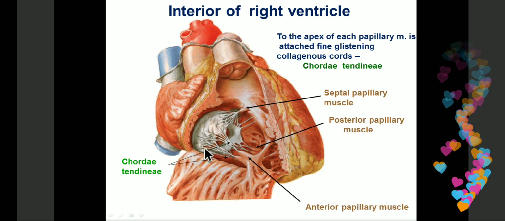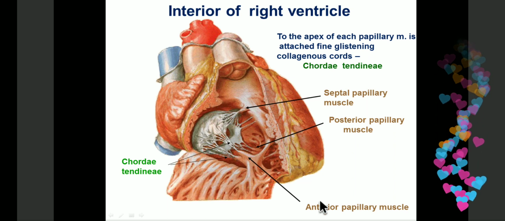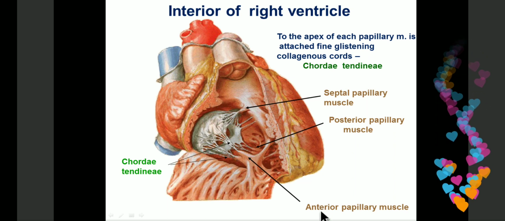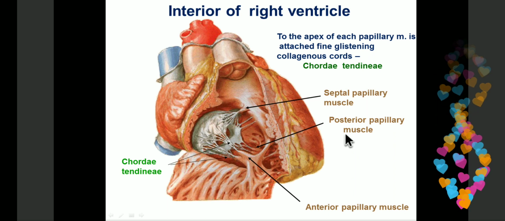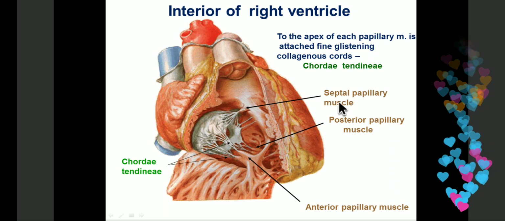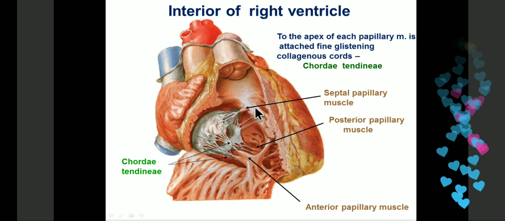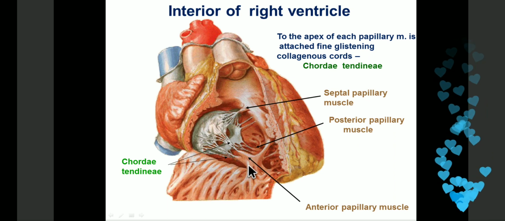Since it's a tricuspid valve, there are going to be three papillary muscles: the anterior one, which is largest, a posterior one, and the septal papillary muscle, which is smallest. Septal definitely towards the interventricular septum, posterior posteriorly located, anterior largest.